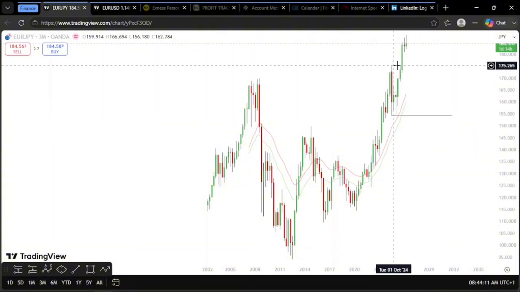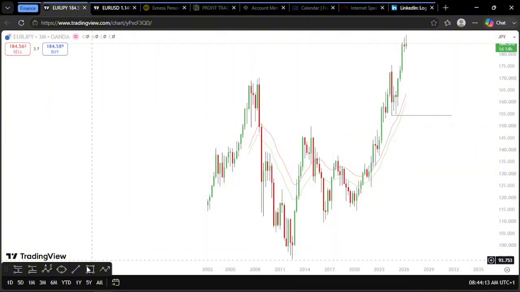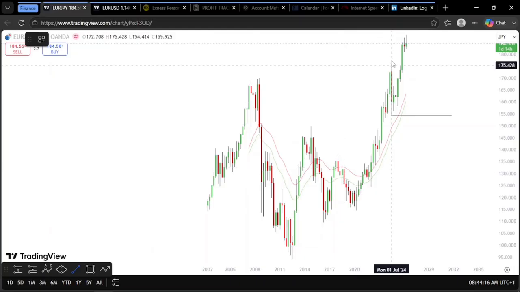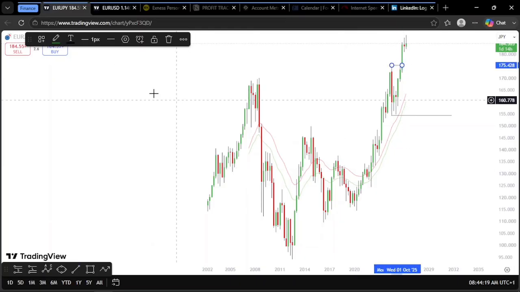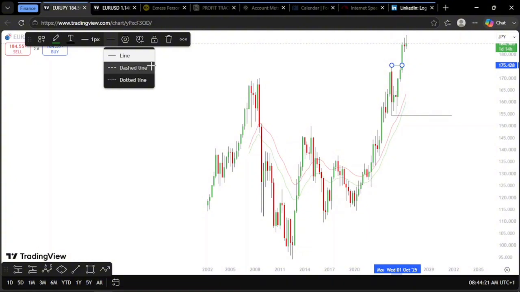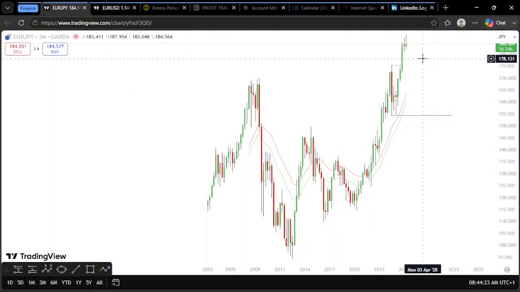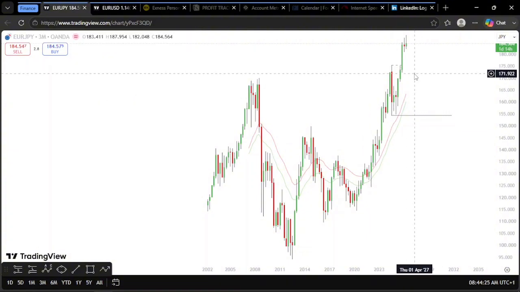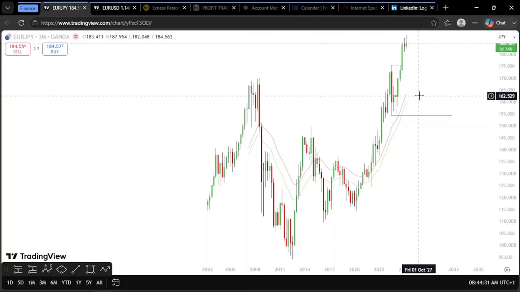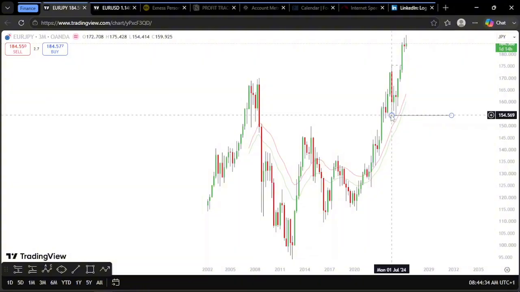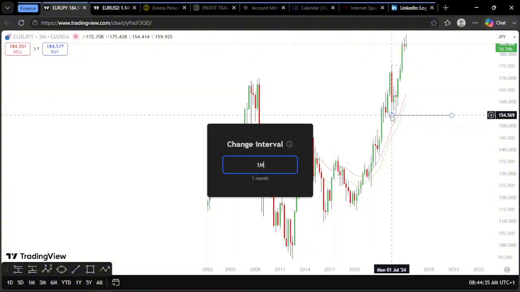As you can see, we just broke this structure high here. And after we break the structure high, what we are going to be looking for is a counter trend opportunity for market to retrace before we resume the bullish momentum.